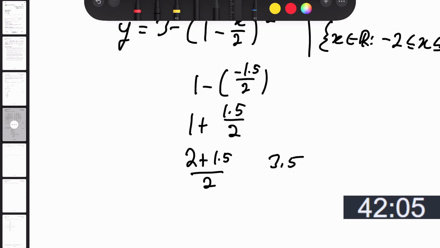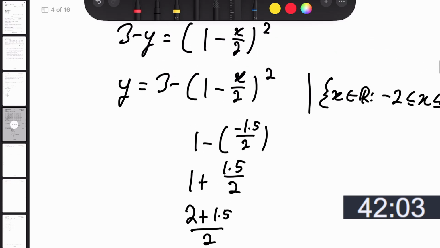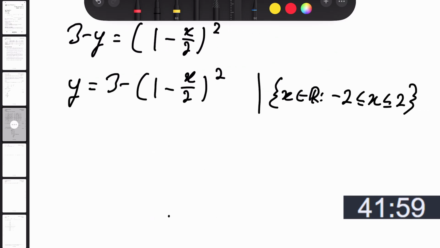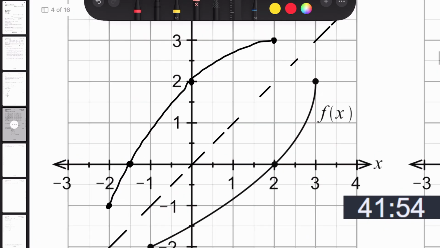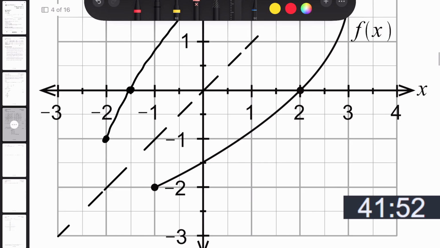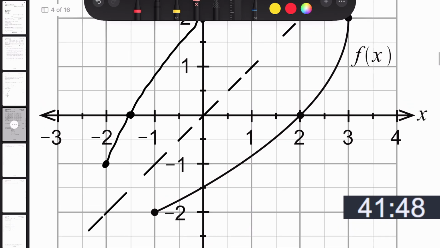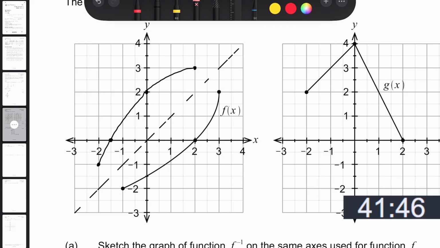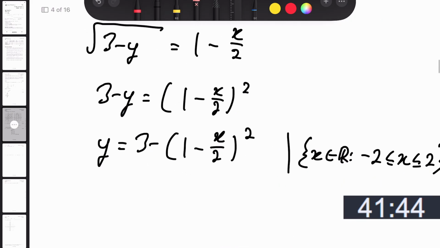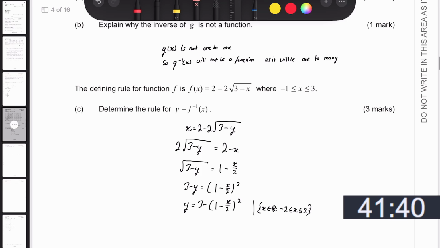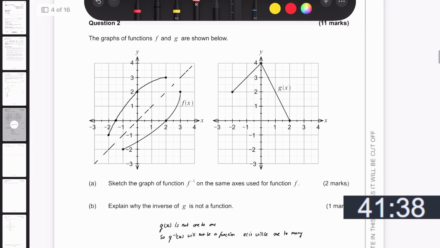Zero. Negative 1.5 and 0. Why does that point not want to work? Everything else works.